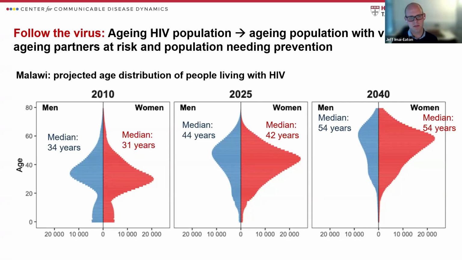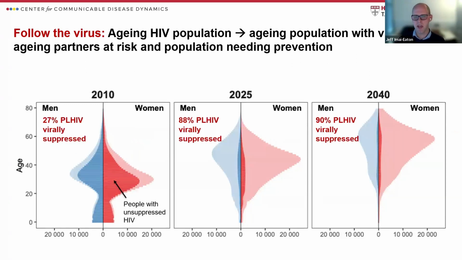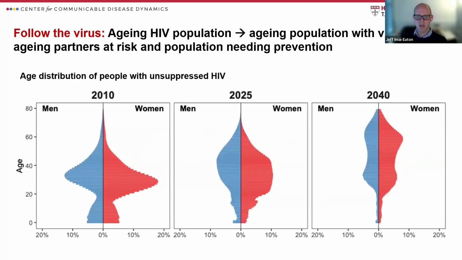Next slide, please. And that same aging of the epidemic also affects where the viremia in the population is changing, and that's also aging. Next slide, please. So as the age distribution of people with viremia ages, the age of their sexual partners is also going to age, and that's going to mean that instead of seeing new HIV infections very concentrated in young adults, we're starting to see, and increasingly in the future are going to see, HIV infections spread across all age ranges.